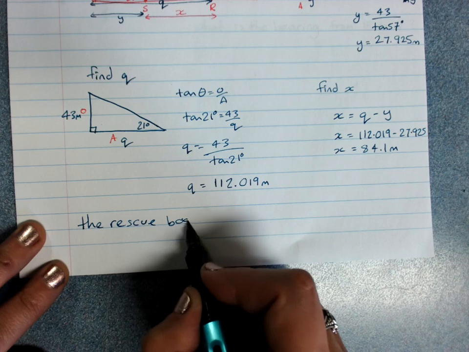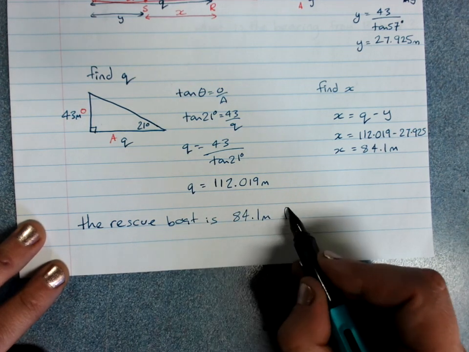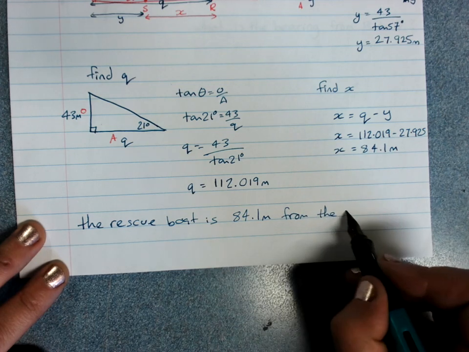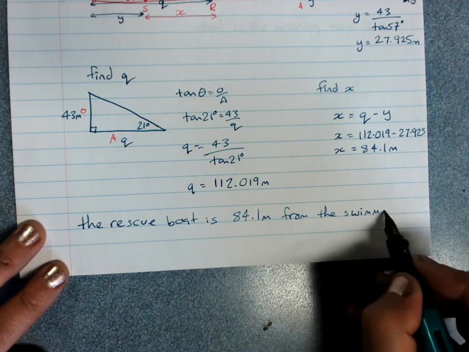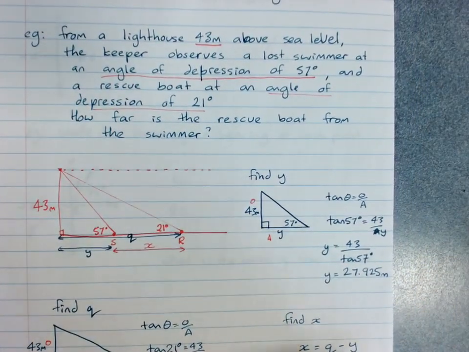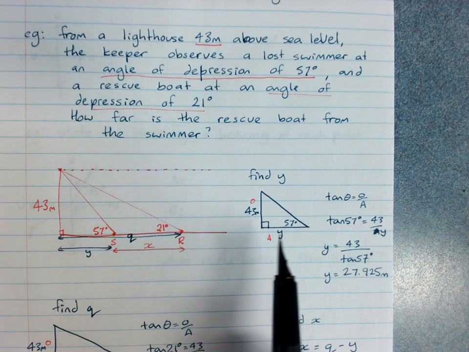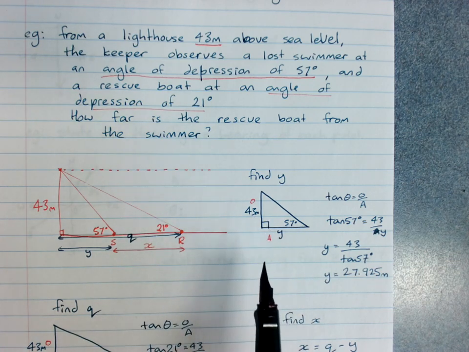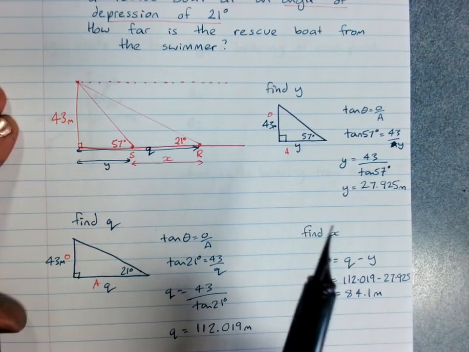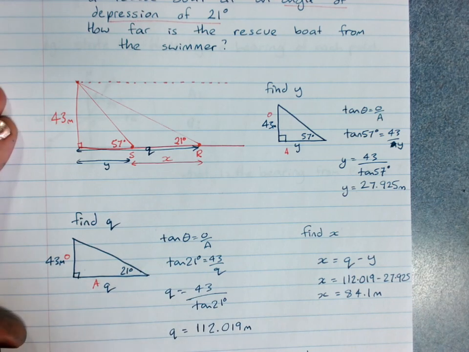The rescue boat is 84.1 meters from the swimmer. So your strategies are: carefully draw your diagram, draw the individual triangles that will let you work that out, and only go for right-angled triangles if you're using right-angled trigonometry, which is all we've learnt so far.